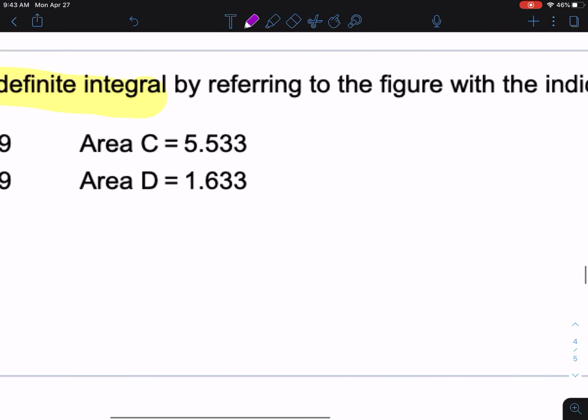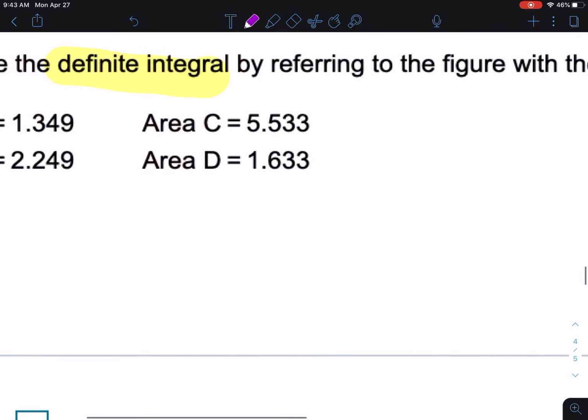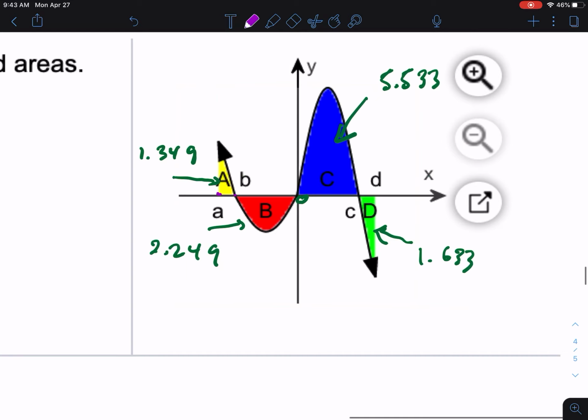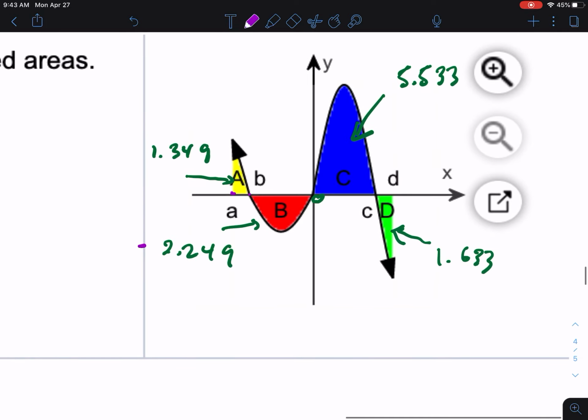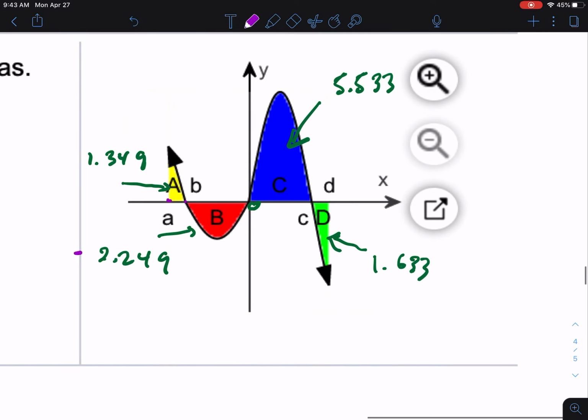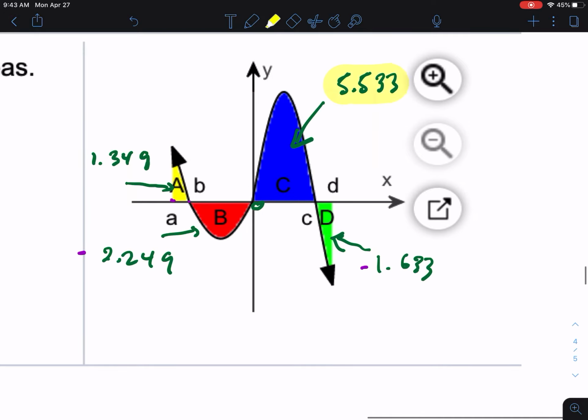But if the area, for example area B, 2.249, is below the x-axis, so it's not below the curve, it's above the curve but below the x-axis, the value of that is going to be negative. Very similarly, D is going to be a negative area as well because it's below the x-axis. And if the area is above the x-axis, then that stays positive.